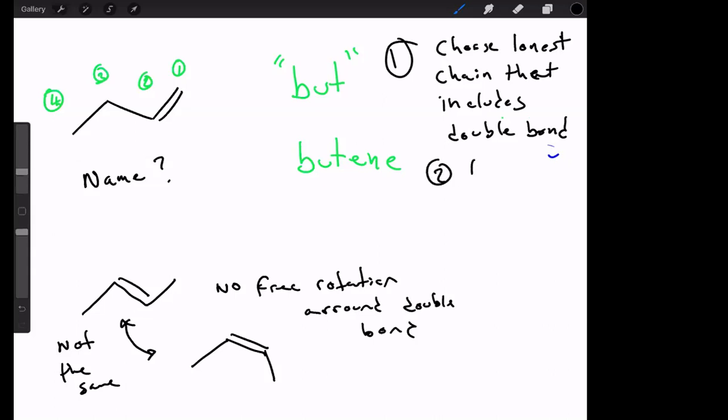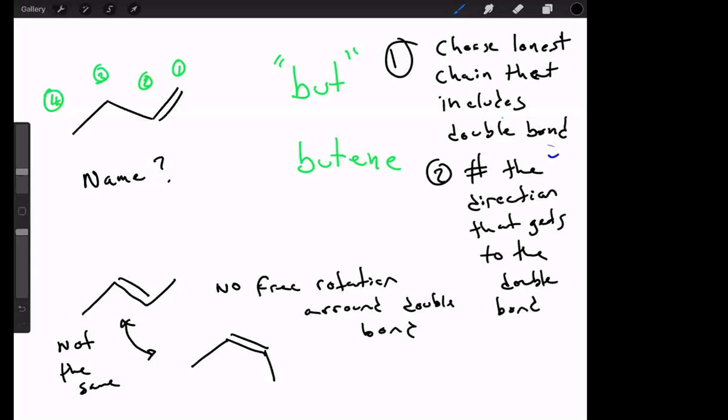And then we number in the direction that gets us to the double bond as fast as possible.